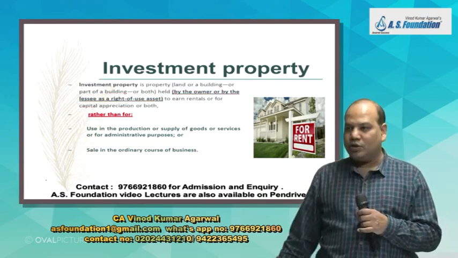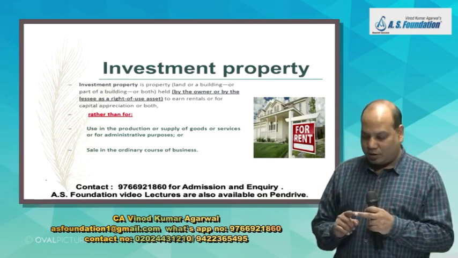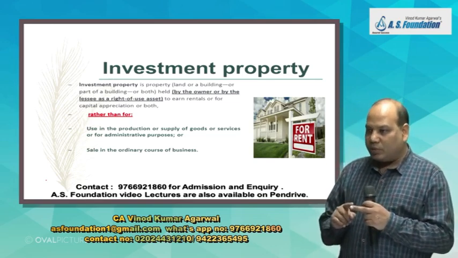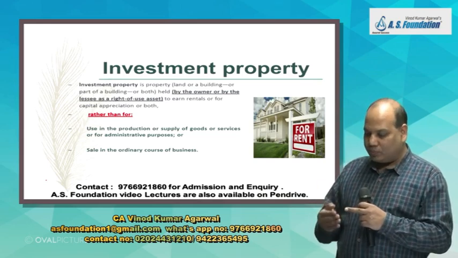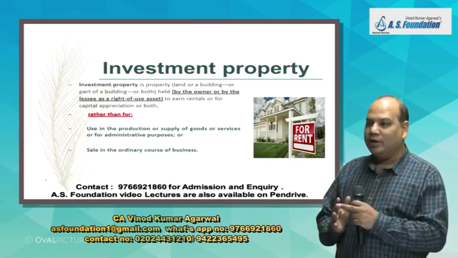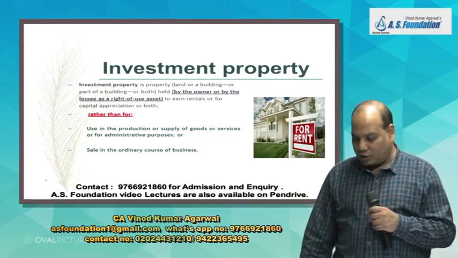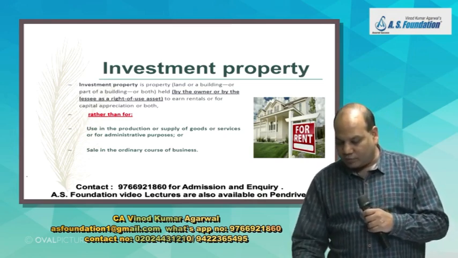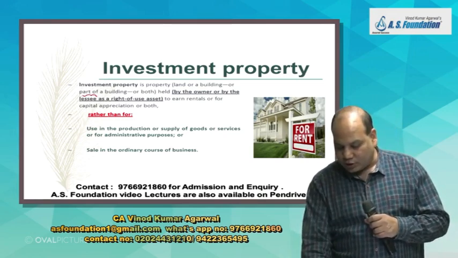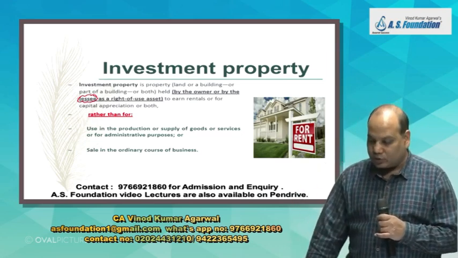So if I exclude lease from our discussion right now, it means investment in either land or building or a part of a building or both by the owner to earn rental or for capital appreciation, or both. Okay. Lease we will not discuss because that requires more understanding of IFRS 16.